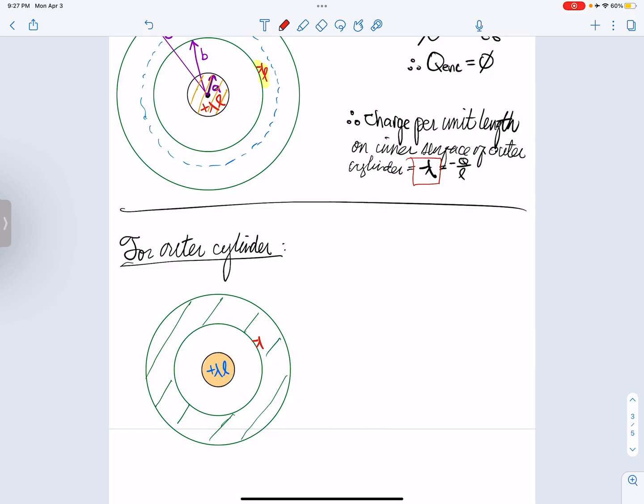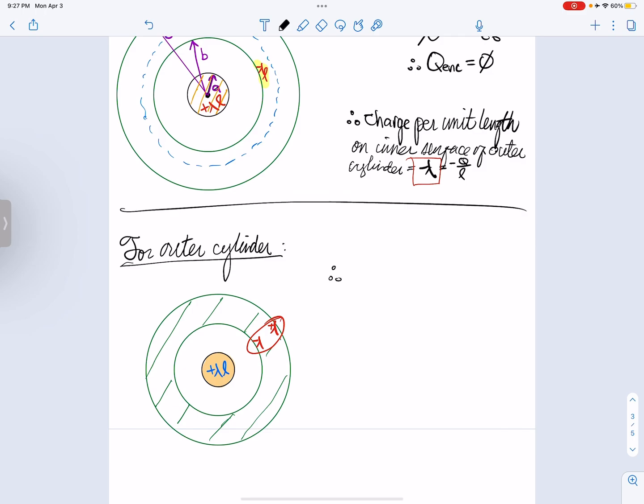So in order to neutralize this negative lambda, the outer surface will have a positive lambda charge per unit length, so that they cancel each other out and there's no net charge on the outer cylinder.